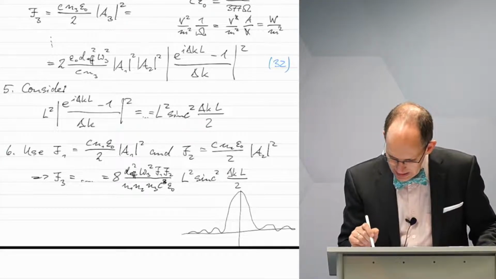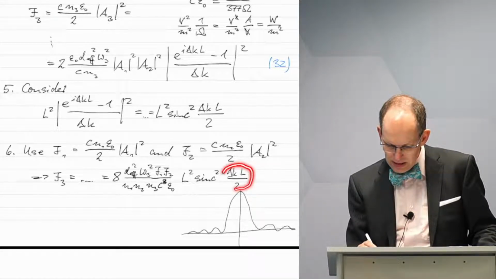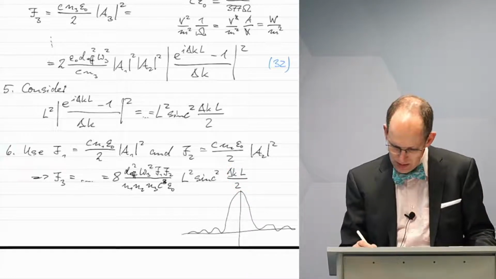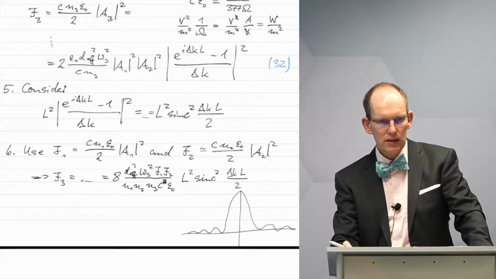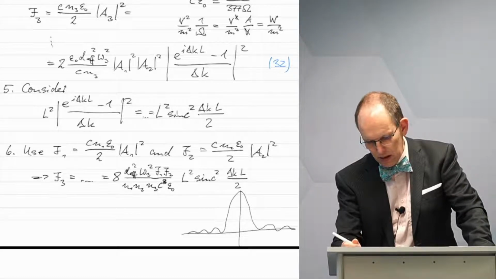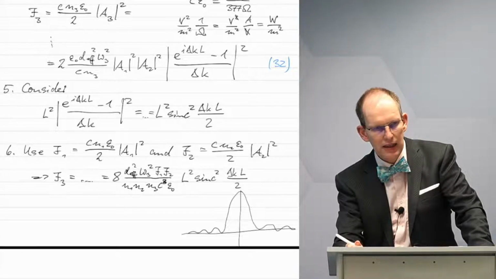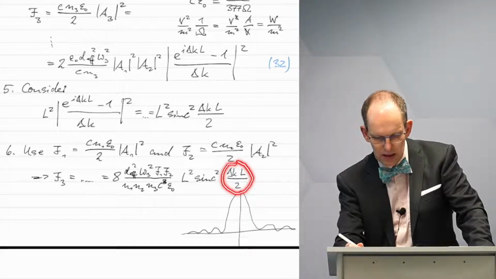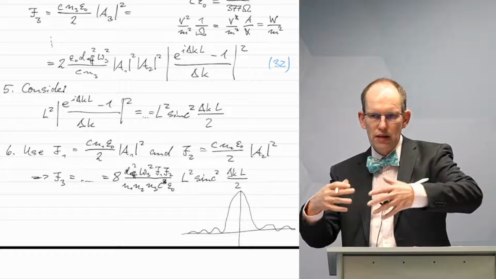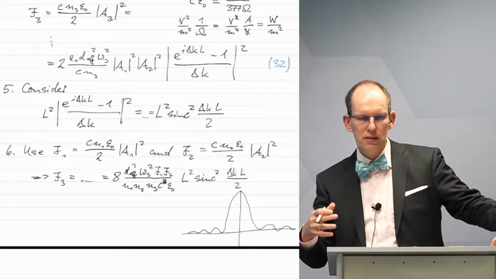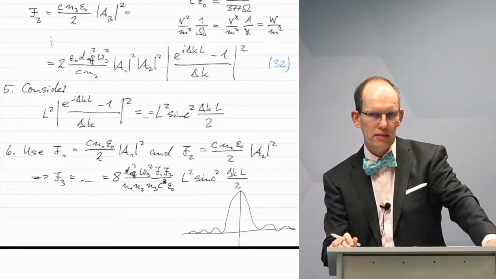Once the argument of the sinc function gets greater than a certain value, you go down this curve and the intensity goes down. People say when L is equal to 2 divided by delta k, the argument here is 1. The newly generated wave gets out of step with the generating wave, and therefore it's called the coherence length.